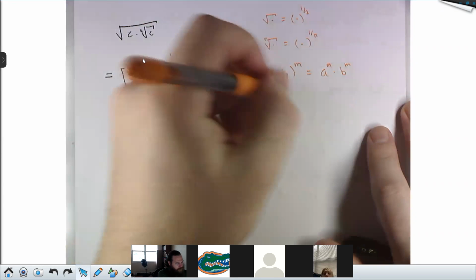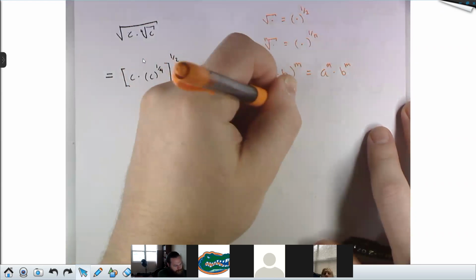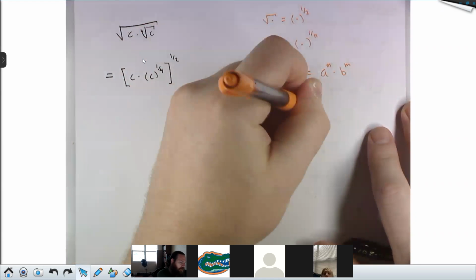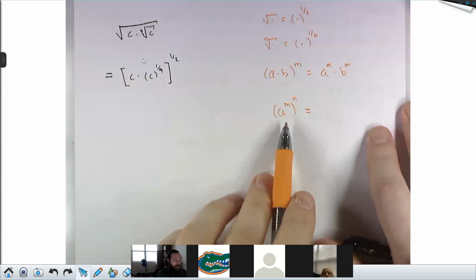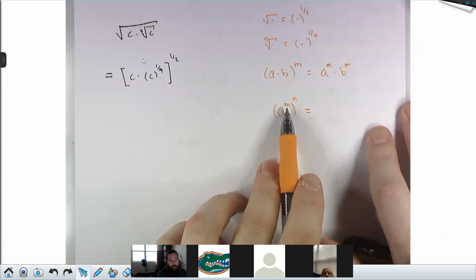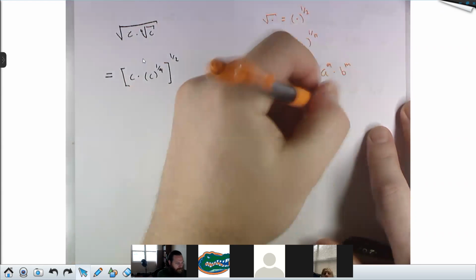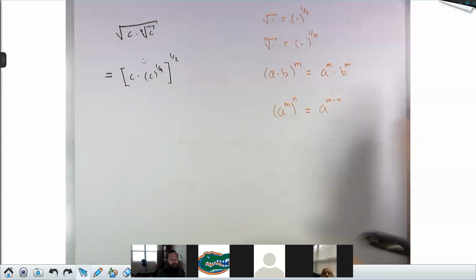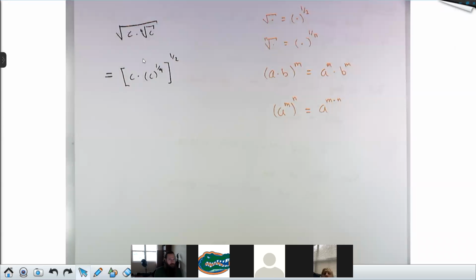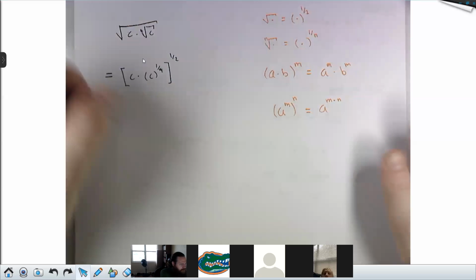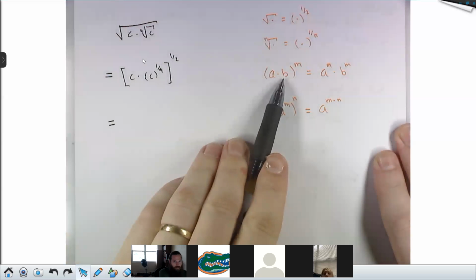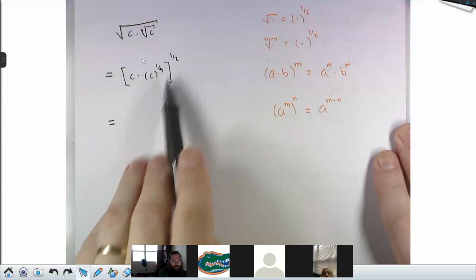And the other rule that we're going to need is that if you have something like this, a number or a variable raised to some power, and then that whole thing raised to another power, you multiply those powers. And there will be one last rule, but when we get to that, I'll see if you guys can help me out.